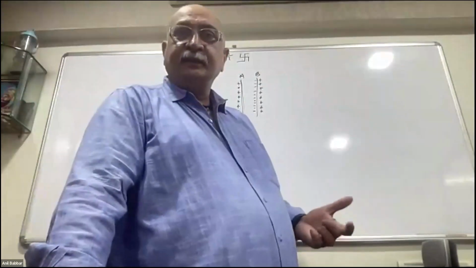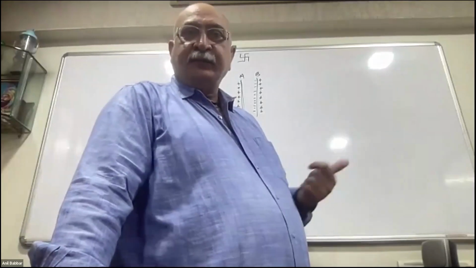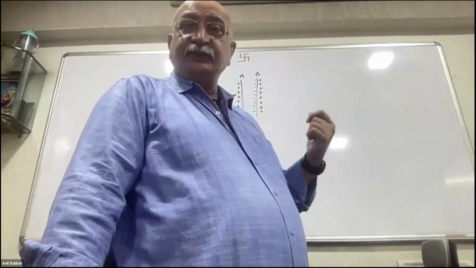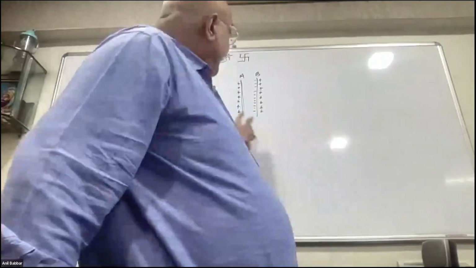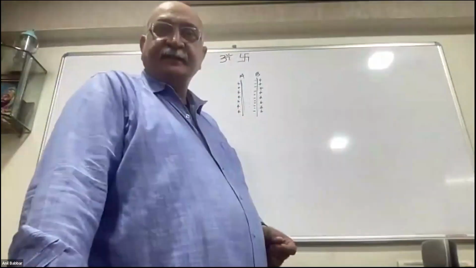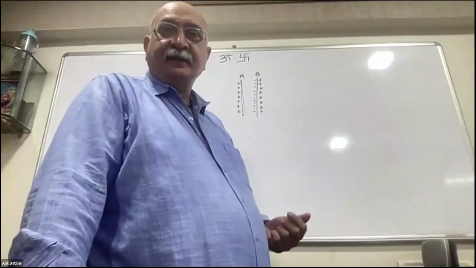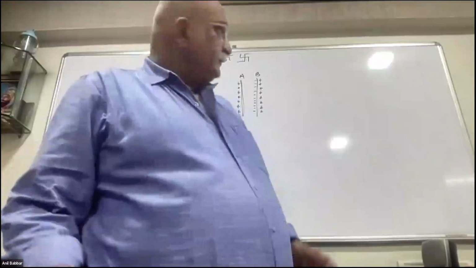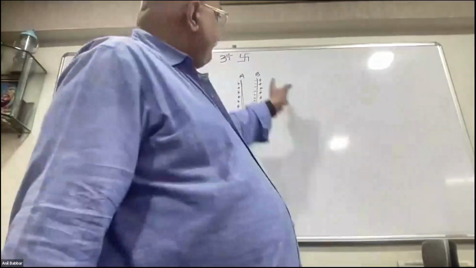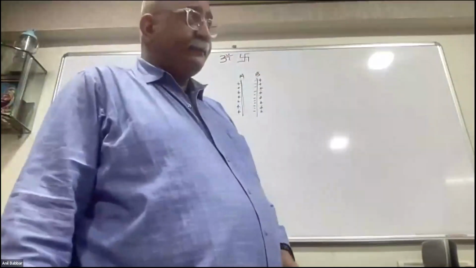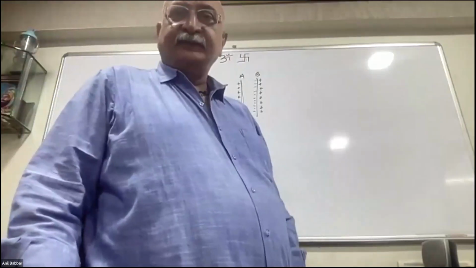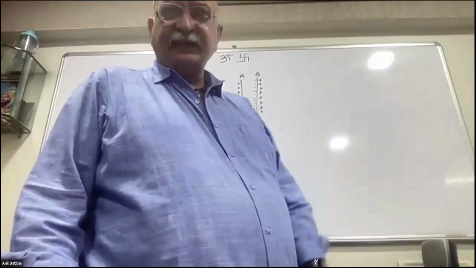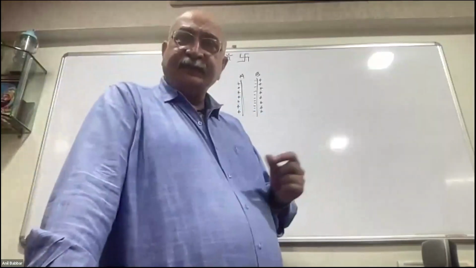Due to induction, the face of plate B, which is closer to the plate A, acquires the negative charge. And this face, which is away from plate A, acquires the positive charge.